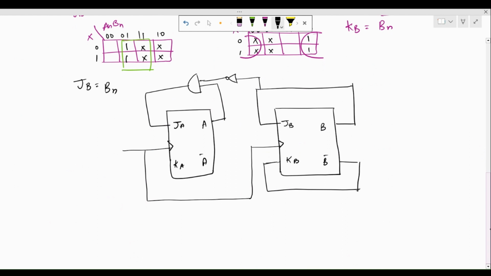So both of them are here and we get it this way. So let me call this AN and BN, or rather A and B to keep it simple. So to avoid too many lines, I've just written the AN and BN directly. So in this way, we have obtained the logical implementation of the state diagram.